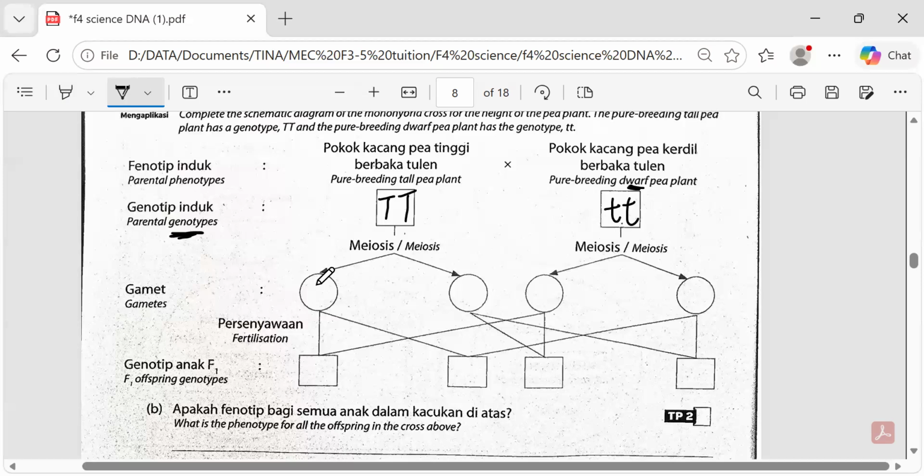So 其中一个 sperm 是 big T，另外一个 sperm 也是 big T 啦。I mean we cannot call it sperm 啦，I'm just giving you an example. Then let's say this is the girl, one egg small t, the other egg also small t. Understand 了吗？因为全部都一样的嘛。Okay? Make sense or not?